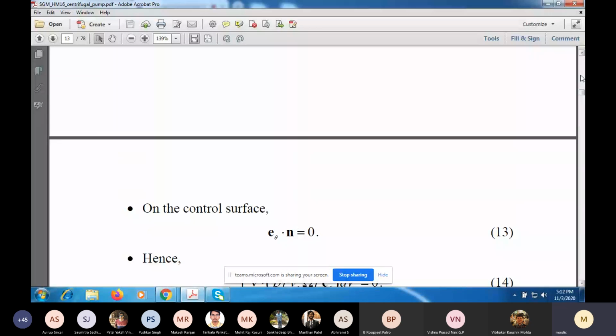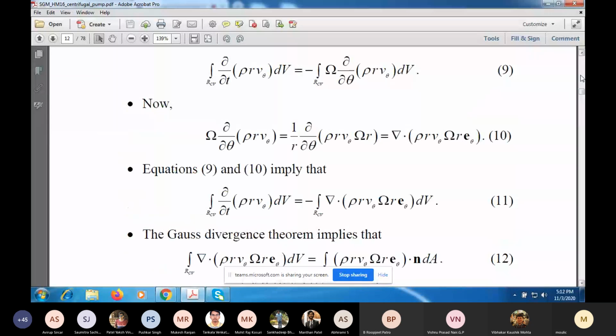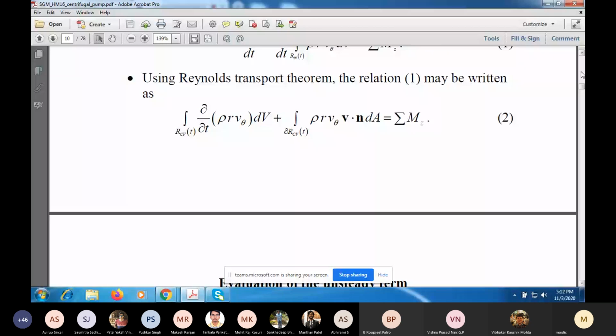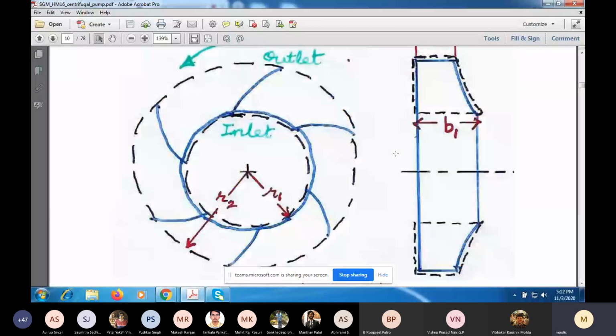Let me go back to that figure. On this dotted circle, the inside circle here, at r equal to r1, the normal is minus er. And er and e theta are at right angles, the angle between them is 90, so the dot product will be 0. If you look at this outer circle here, the outward normal is pointing radially outwards, so that is er.